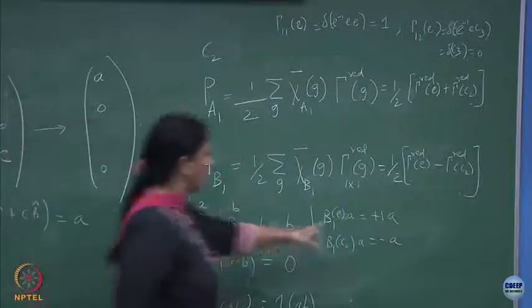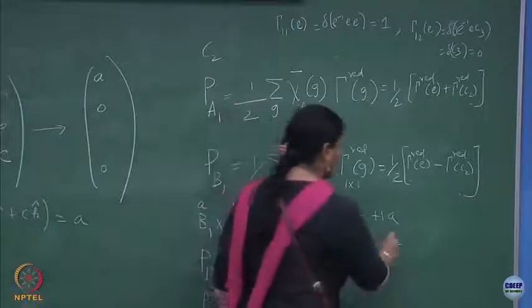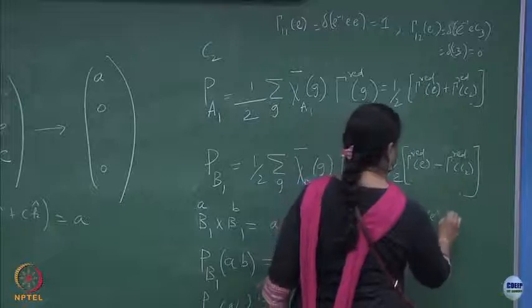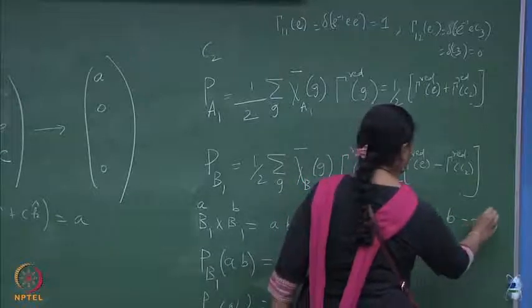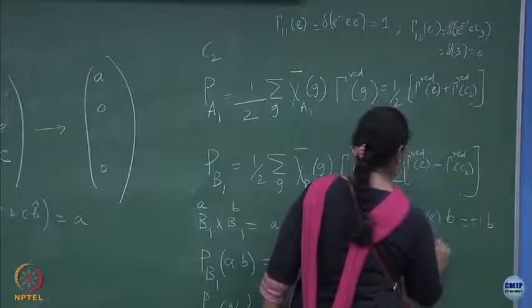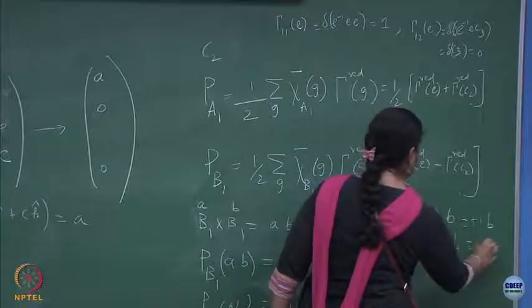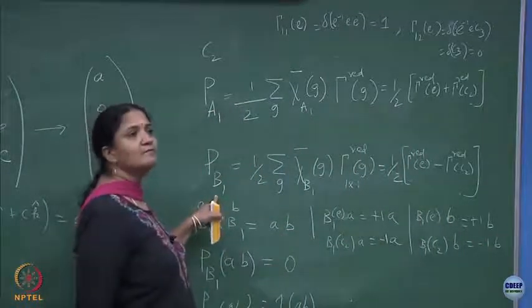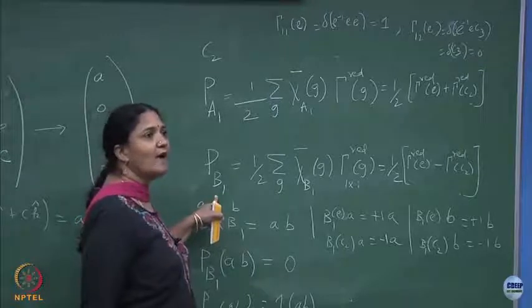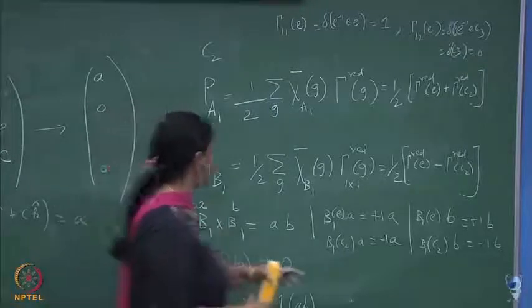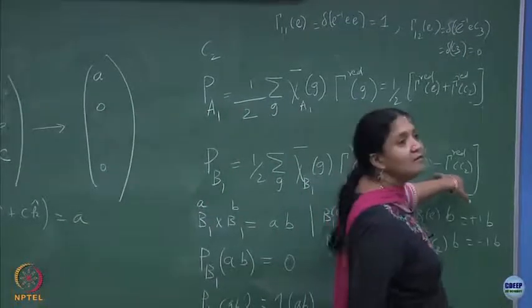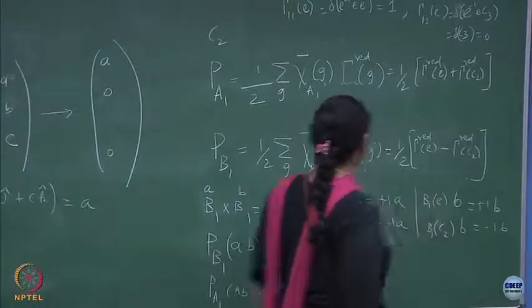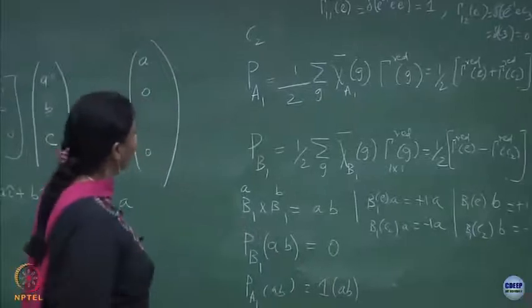Whatever I have written for A, the same thing happens for B also, right? C2 element on B is minus 1 times B. So, use this fact on this projection operator. You do that, then what you see is that this tensor reducible representation of C2 will cancel. Does it cancel or does it not cancel?